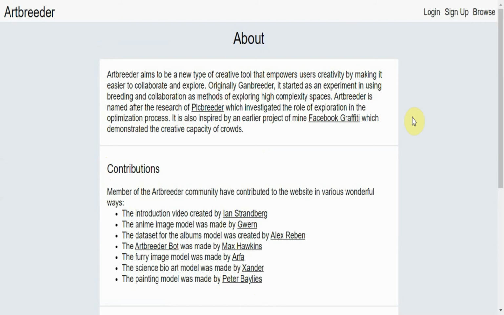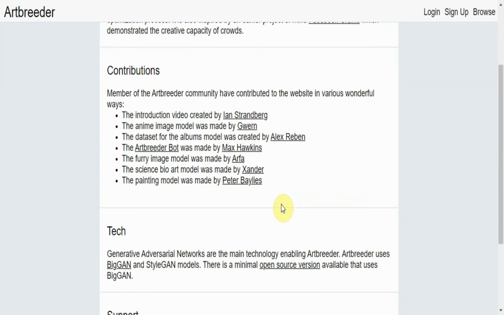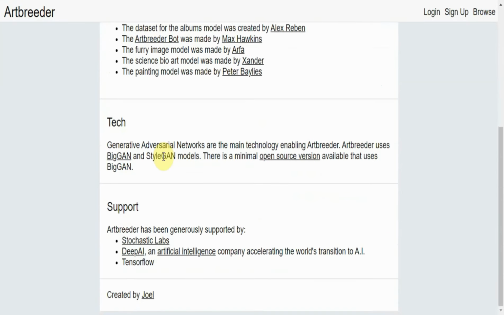Artbreeder is named after the research of Pick Breeder, which investigated the role of exploration in the optimization process. It is also inspired by an earlier project of mine, Facebook Graffiti, which demonstrated the creative capacity of crowds. Alright? And these are all the contributions to the information and the tech.